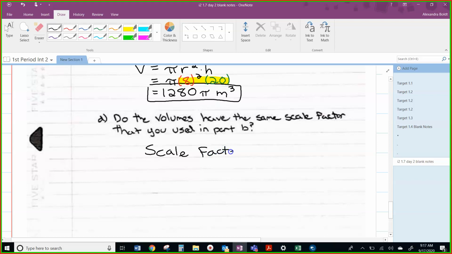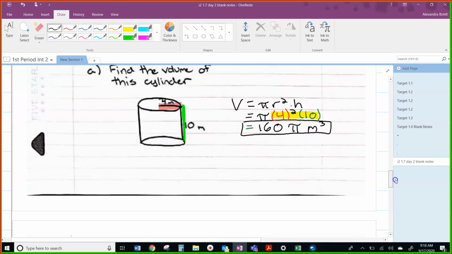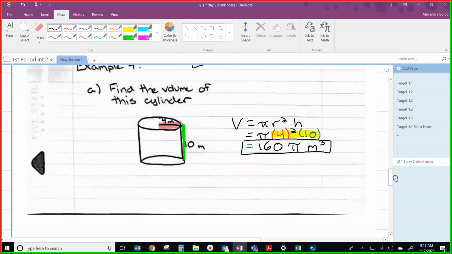Remember, to find our scale factor, I can start with my original shape. And my original volume was 160 pi, right here.